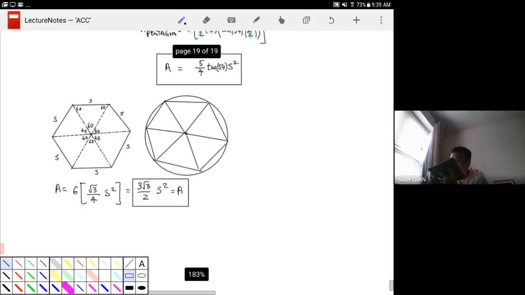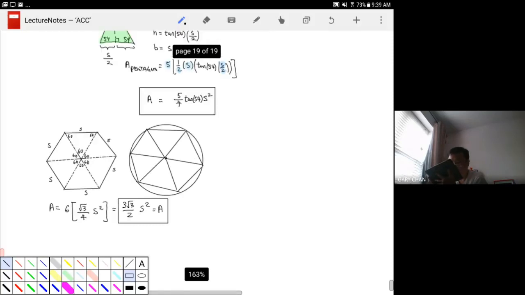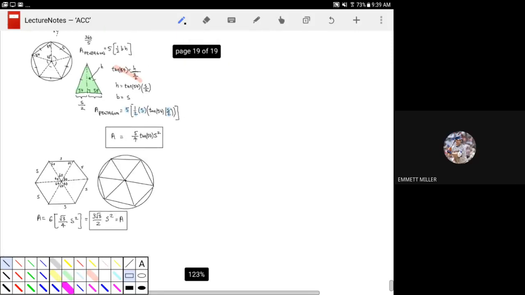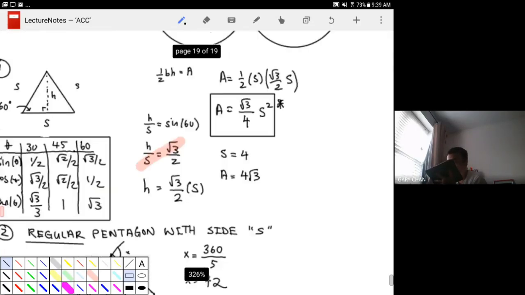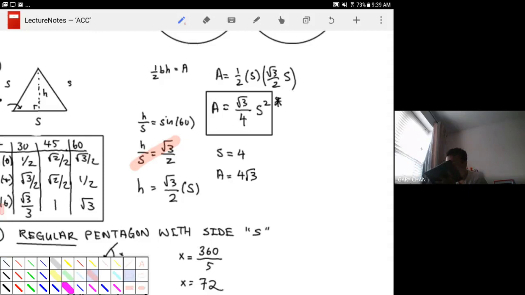That's really neat. Do you guys see some commonality between each one of these formulas? Each one of these formulas has an s squared in it. Do you guys notice that? Yeah.